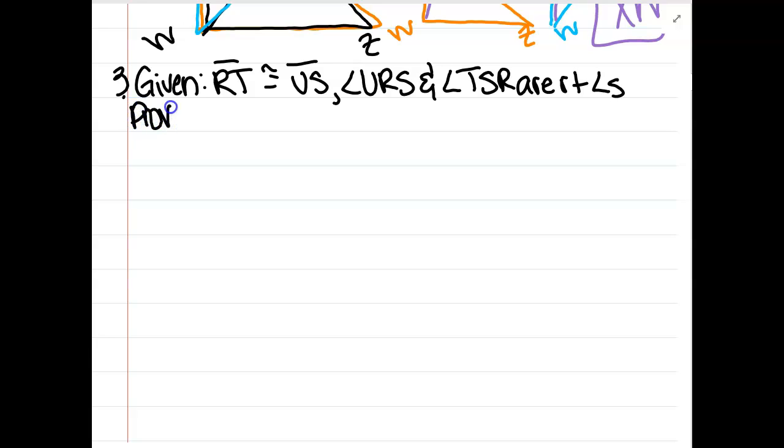We want to prove angle T is congruent to angle U.